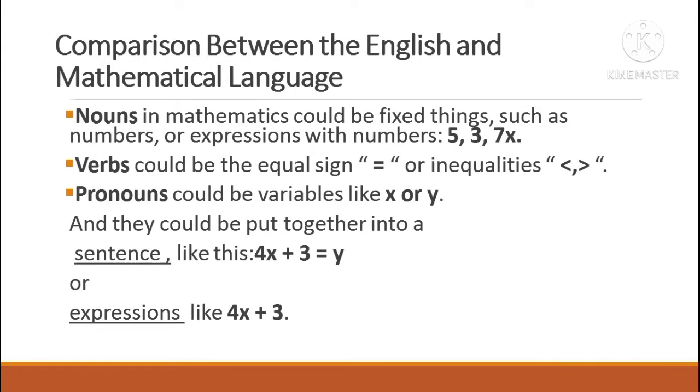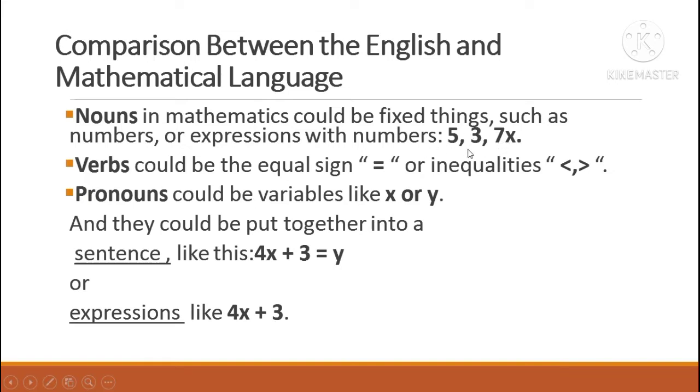So, comparison between the English and mathematical language. First, let us know what is a noun. Nouns in mathematics could be fixed things, such as numbers or expressions with numbers. Example ng nouns natin is 5, 3, and 7x, combination ng variable and the number.